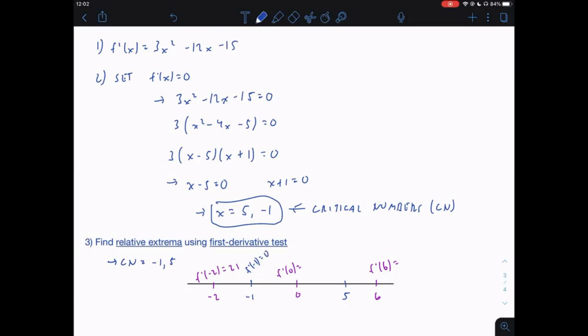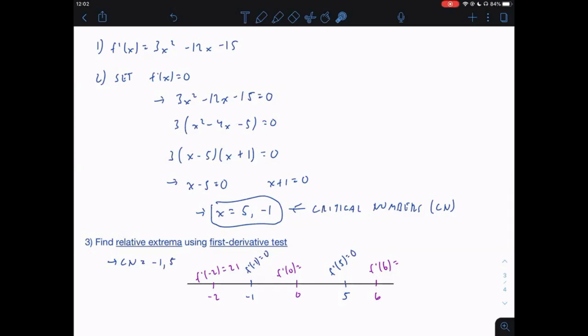Same goes for 5 here. If we plug in 5 into our first derivative, it will give us 0 because these two numbers, negative 1 and 5, are the critical numbers, the zeros of the first derivative.